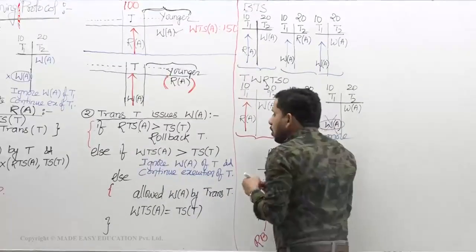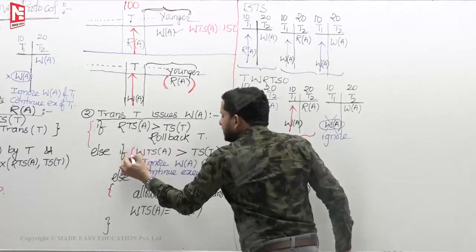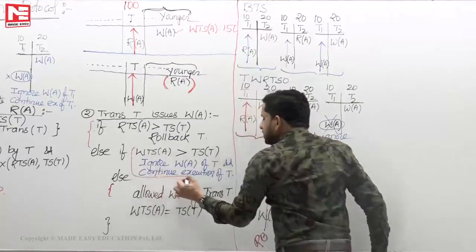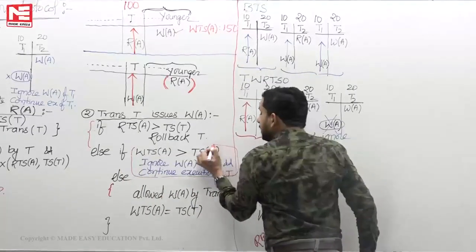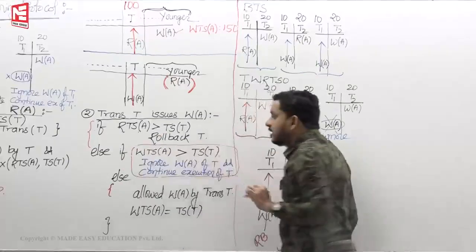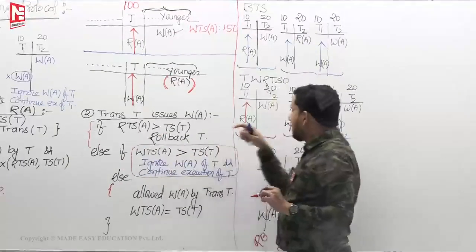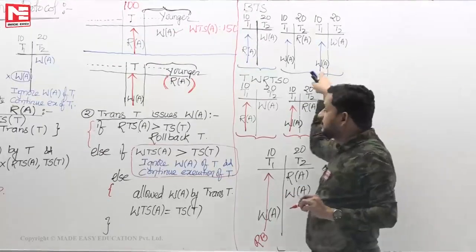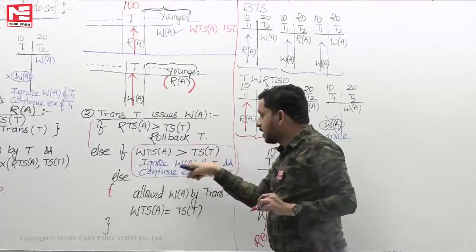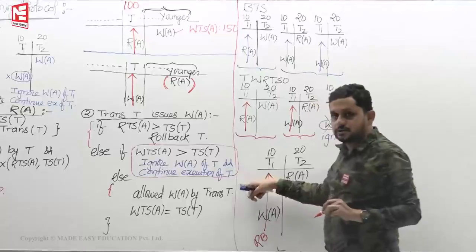This is the only change. Only this case occurs. This is the change in Thomas write rule timestamp ordering compared to basic timestamp ordering. Previously rollback in basic timestamp ordering, here ignore the write and continue execution.